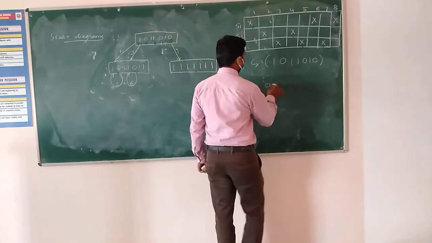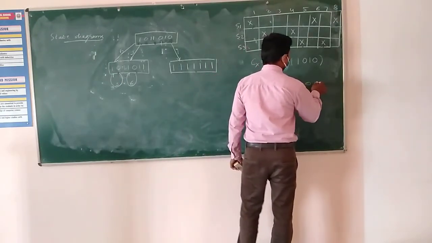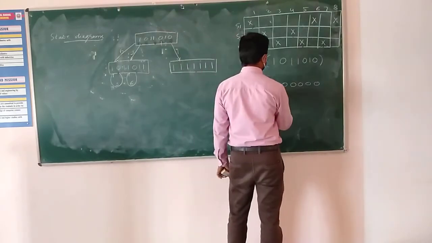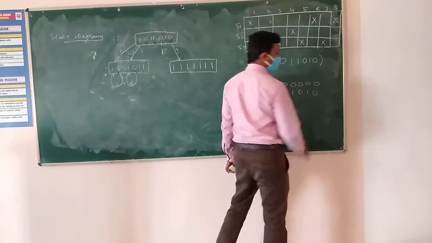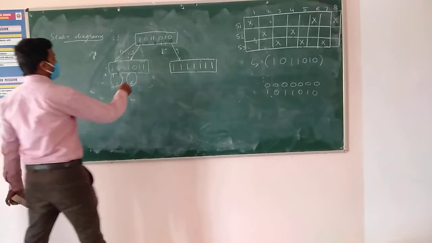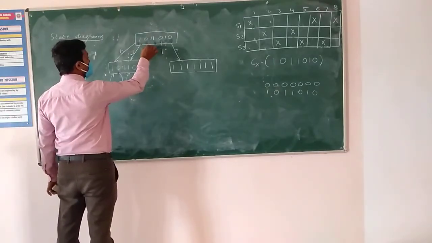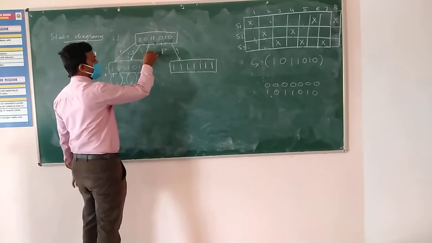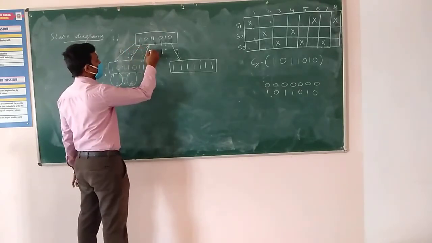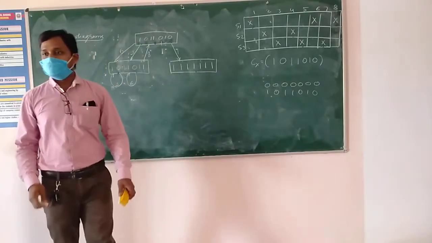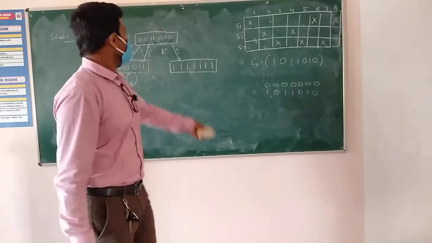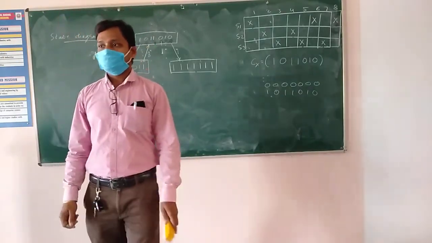So all zeros OR with the initial collision vector. What do you get? Once again, the initial state. Therefore, this arrow should be what? 8 plus, indicating 8 and above all yield the initial state. Correct?